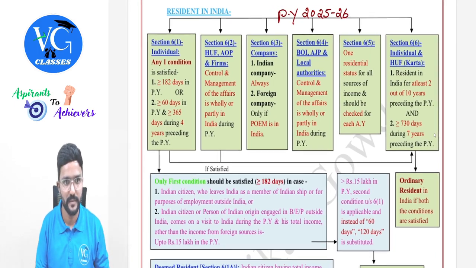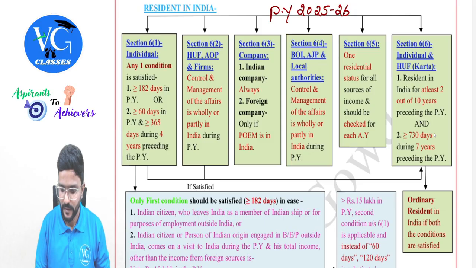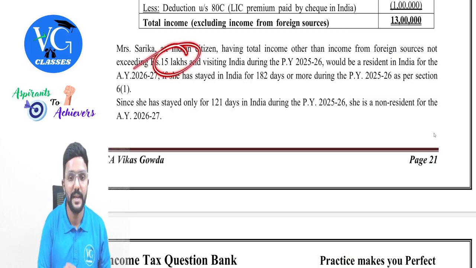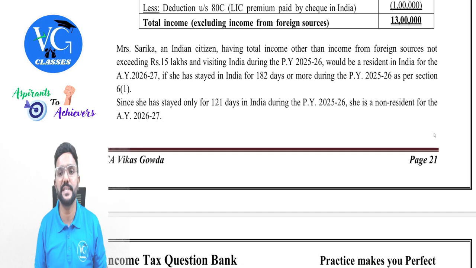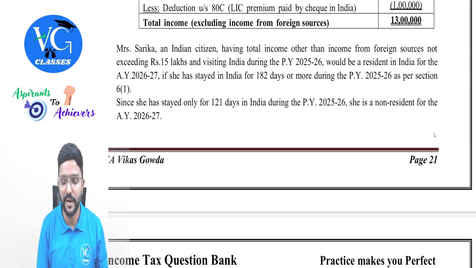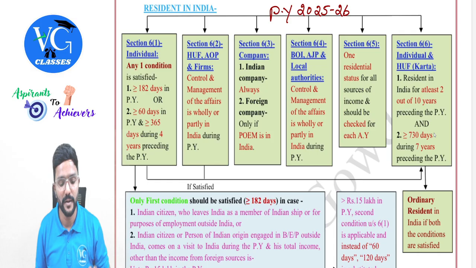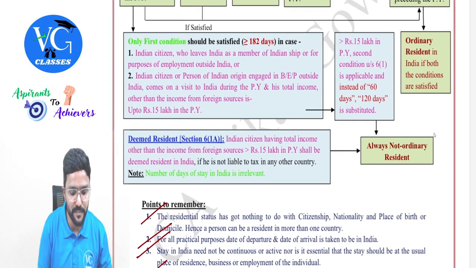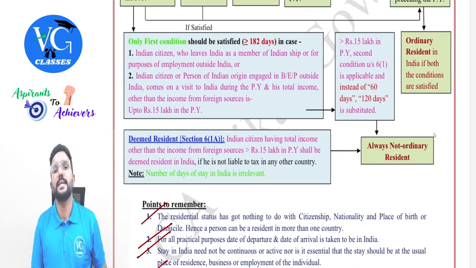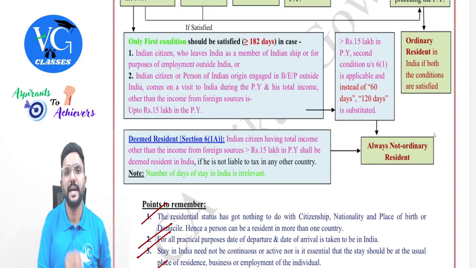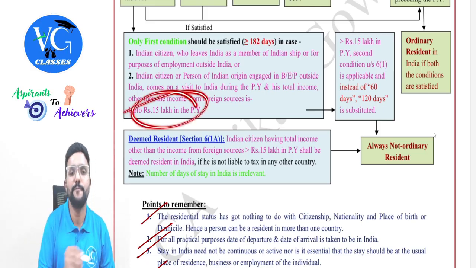Sarika, an Indian citizen having a total income other than income from foreign sources not exceeding 15 lakh and visiting India during the previous year, would be a resident in India for assessment year 26-27 if she has stayed in India for 182 days or more during previous year 25-26 as per section 6(1). Why, sir? Because she would be covered in this point, guys. She is settled outside India and during the previous year she is coming to India for a visit and her Indian income is up to 15 lakh.